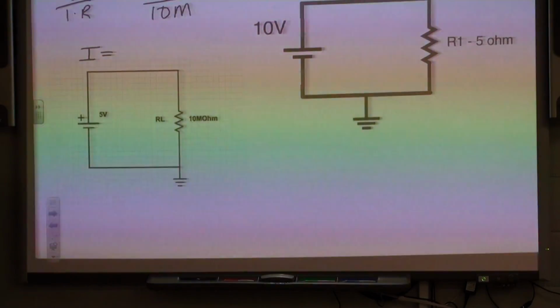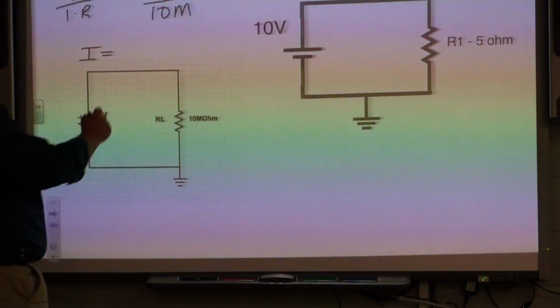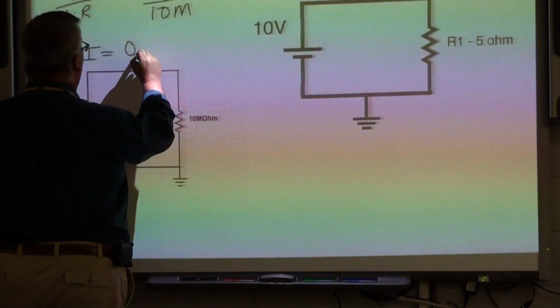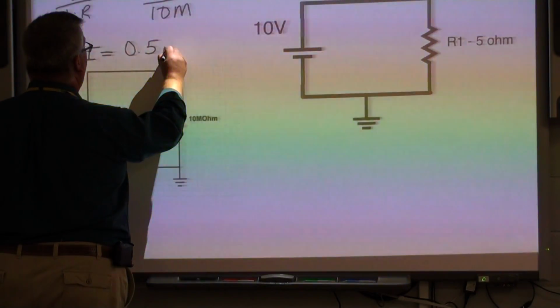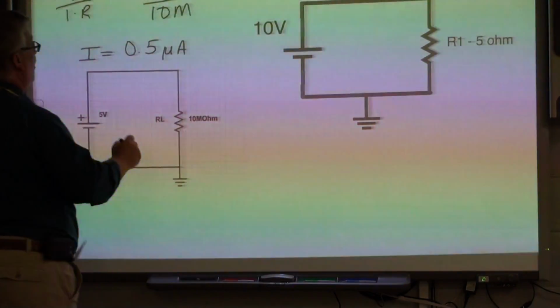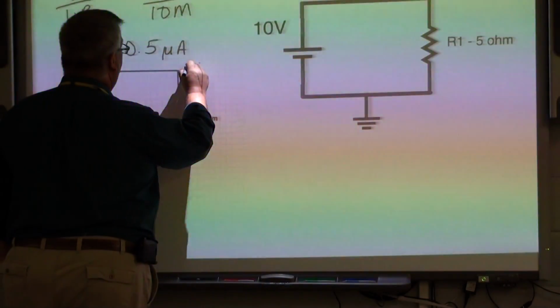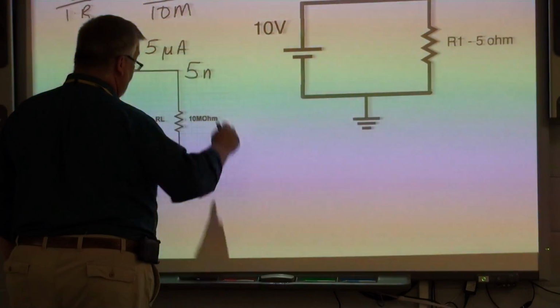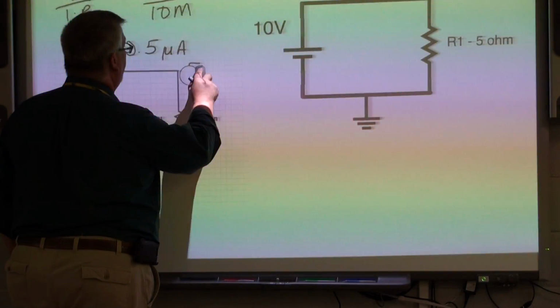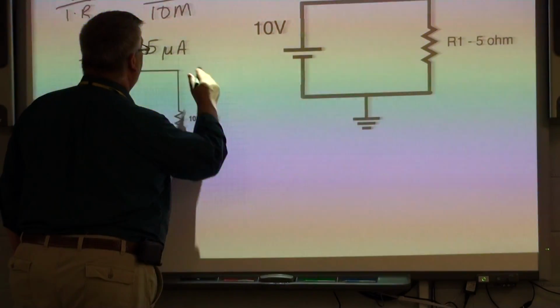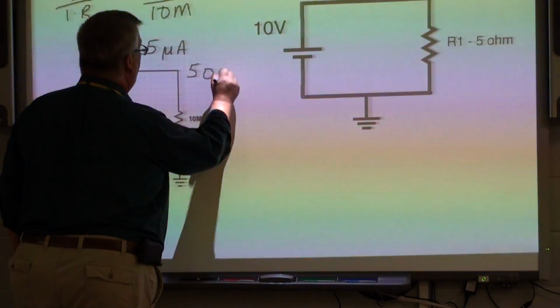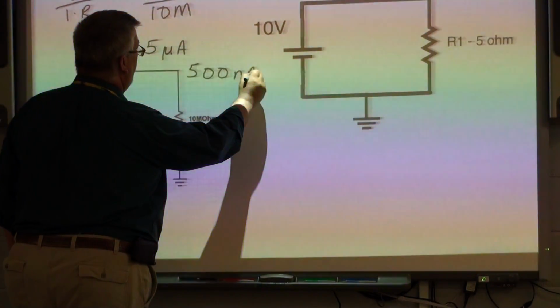We can also know it's going to be expressed in microamps. We can say 0.5 microamps, or even if we wanted to go milli, micro, and nano, that would be 500 nanoamps.